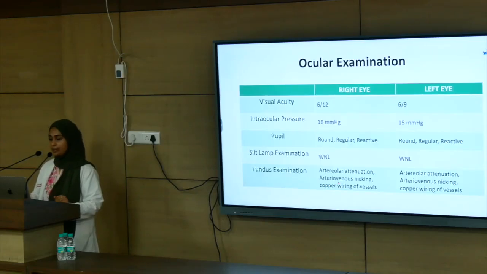On ocular examination, visual acuity was 6 by 12 in right eye and 6 by 9 in the left eye. Intraocular pressure, pupil and slit lamp examination were all within normal limits in both the eyes. However, on fundus we could see arteriolar attenuation, arteriovenous nicking and copper wiring of vessels.